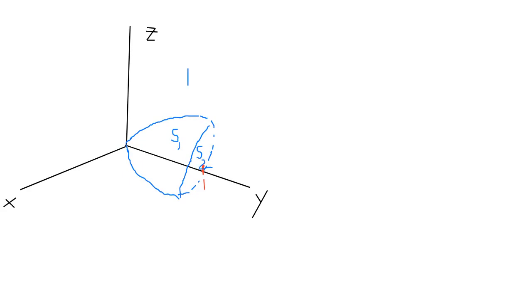And we had a vector field present in the three-dimensional space. And our surface S was equal to the union of surface 1 with surface 2.